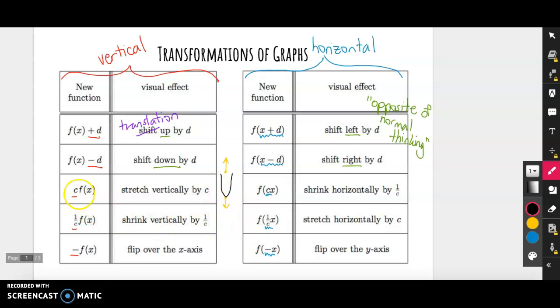Okay, that happens when you multiply by a whole number out front, right? It's outside of your function, but it's multiplication by like 6 or 23 or 2. It's a whole number, okay?